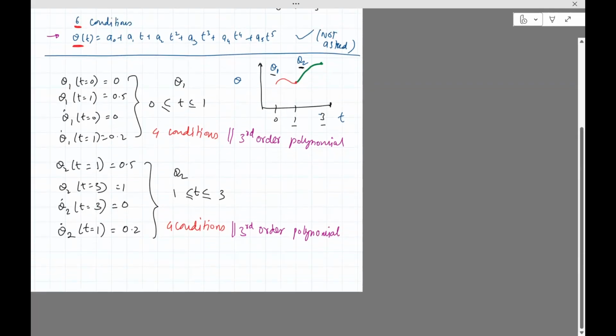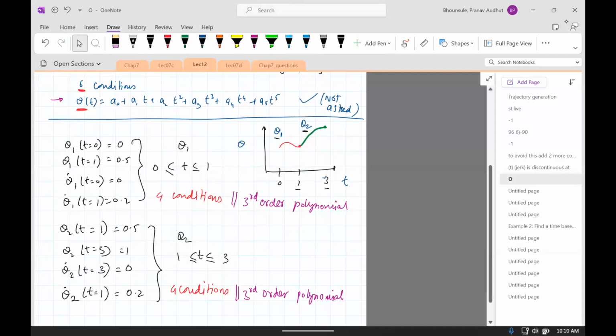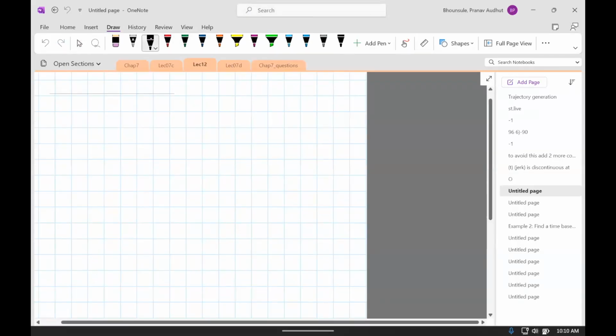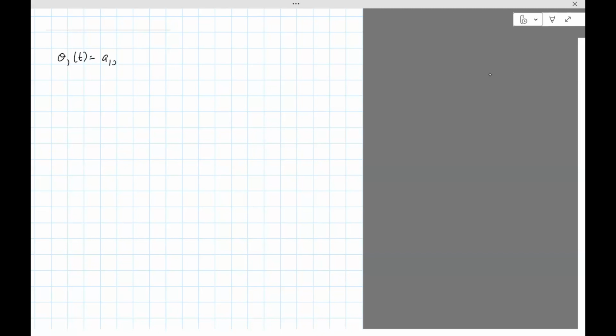Yes, so we just take that in just a matter of plugging in those 8 conditions. So let's take for theta 1 a third order polynomial. So theta 1 of t is a10 plus a11 t plus a12 t squared plus a13 t cubed, where t is clearly between 0 and 1 because theta 1 does not extend beyond 1 second.